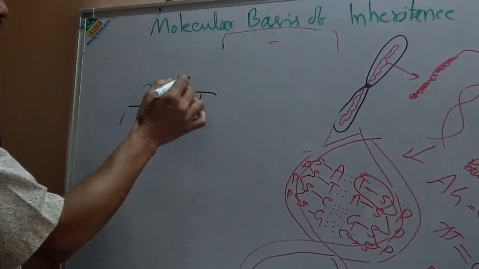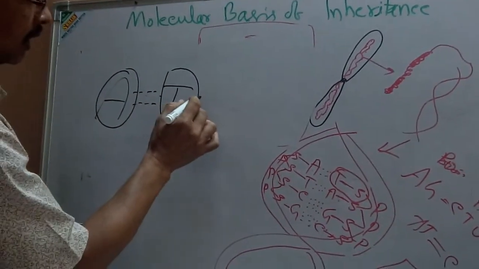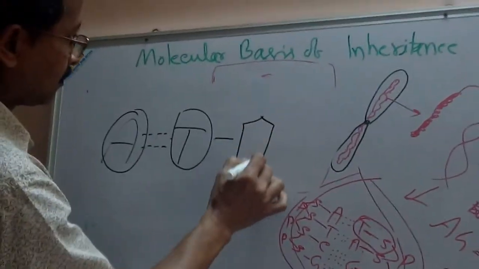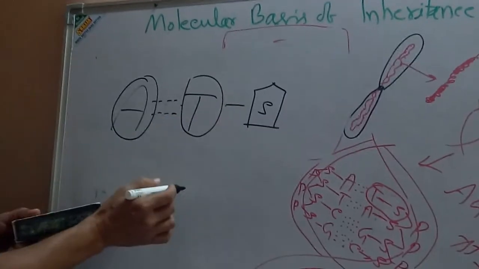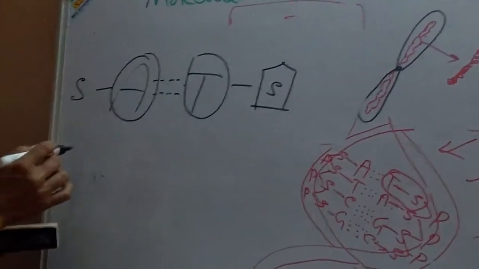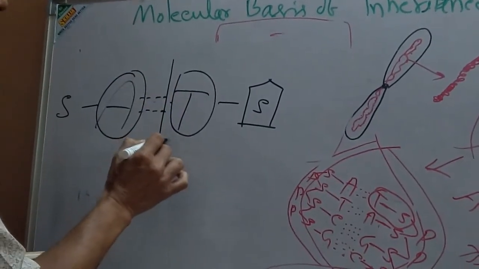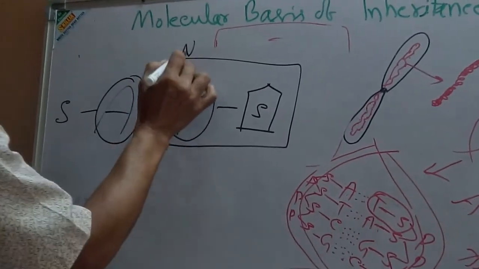Both are nitrogenous bases, attached with pentose sugar. We say the same on both sides. The nitrogenous base with the sugar is called a nucleoside.